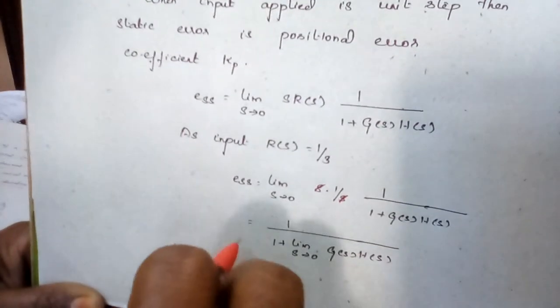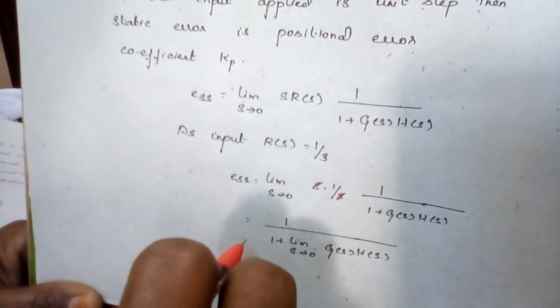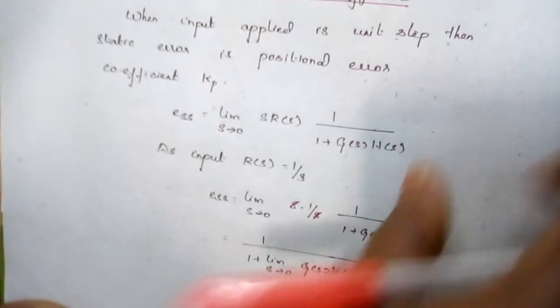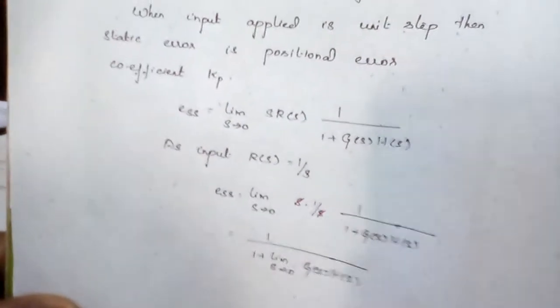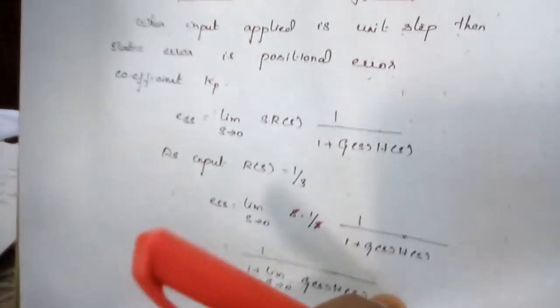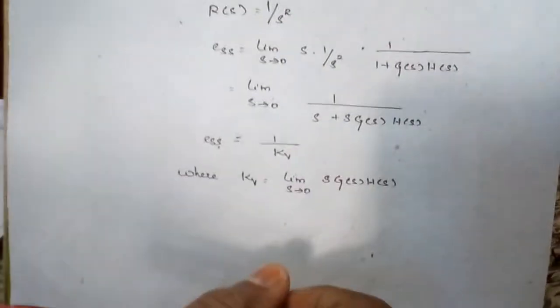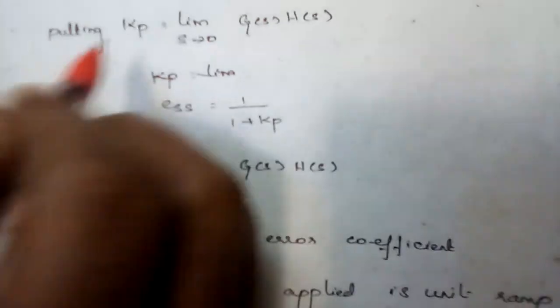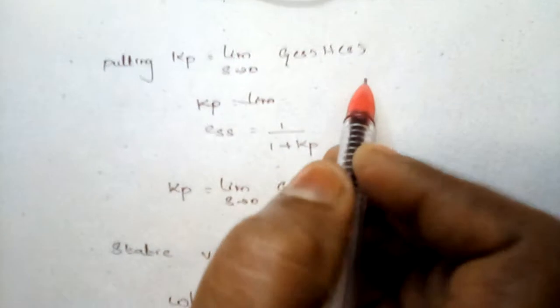So we have the steady state error equation as 1 divided by 1 plus limit s tends to 0 of G of s H of s. Here I am considering the positional error coefficient Kp as limit s tends to 0 of G of s H of s.